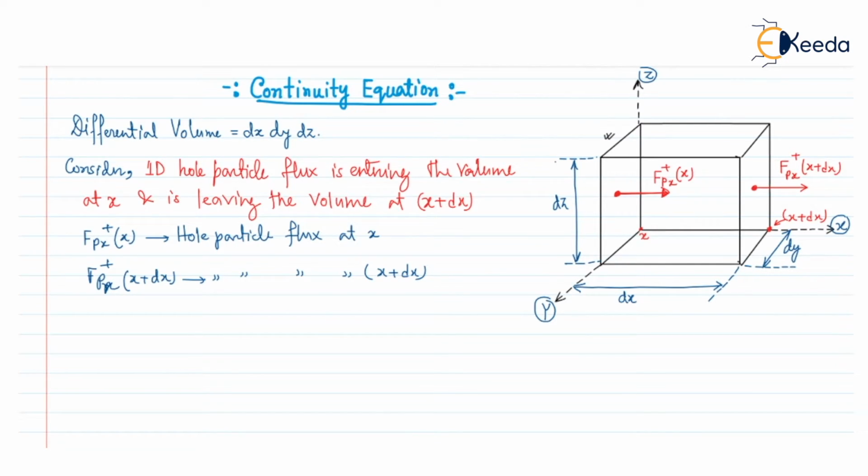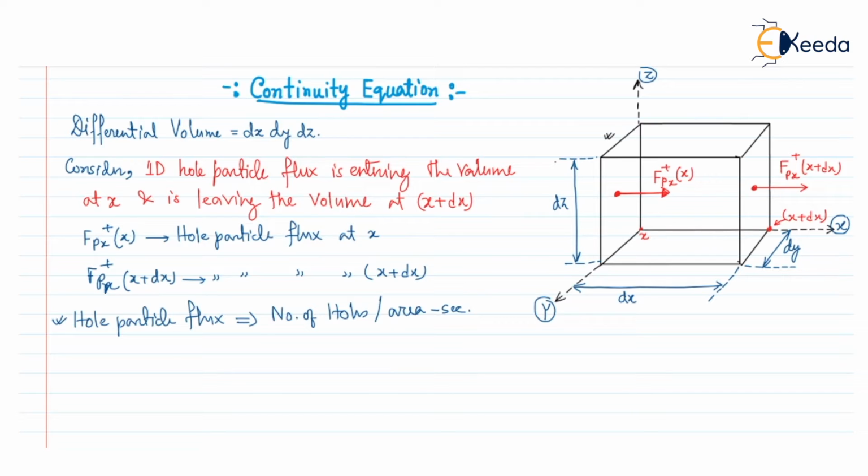This is the total scenario right now, and if we find what the hole particle flux means: hole particle flux means the number of holes per unit area per unit second.